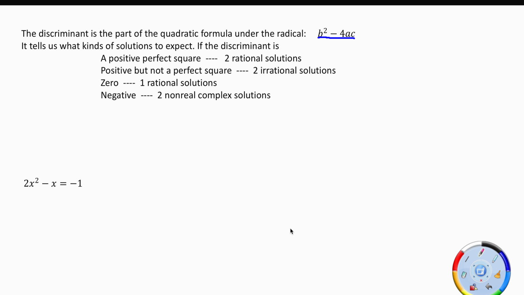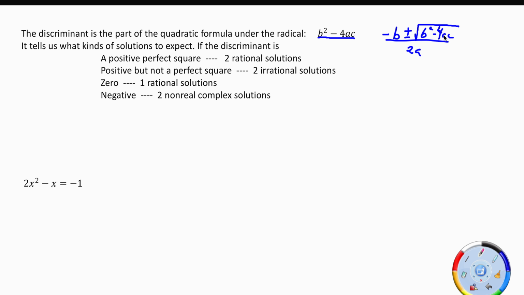And it tells us what kinds of solutions to expect without actually having to work out the problem. Sometimes that might be enough for us. If the discriminant is a positive perfect square, I would take the square root, and remember our quadratic formula is negative b plus or minus the square root of b squared minus 4ac all over 2a.